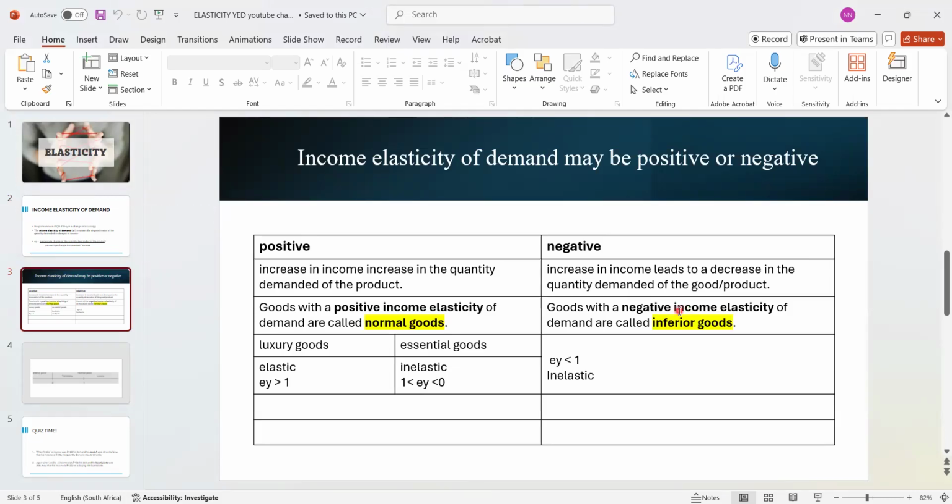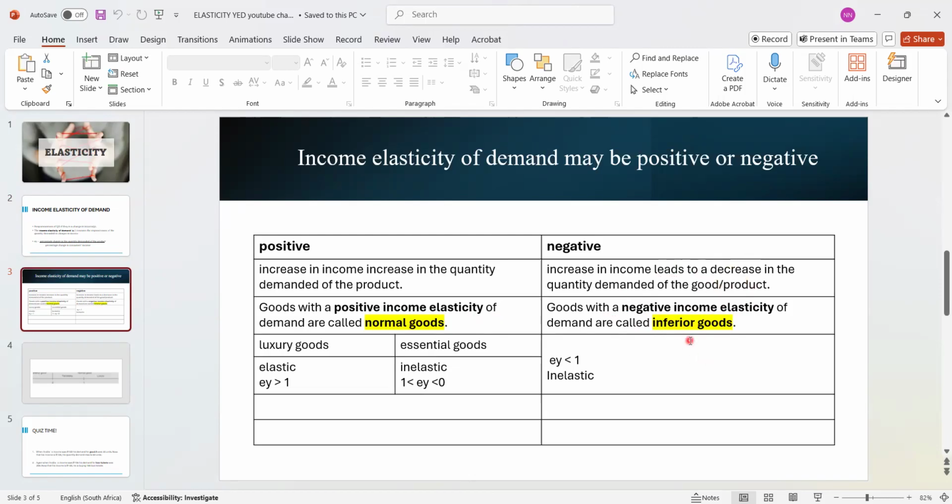So let's say, because you haven't received your allowance, you're just consuming amakota whenever you have that 30 rand or 20 rand, you go and buy a kota.